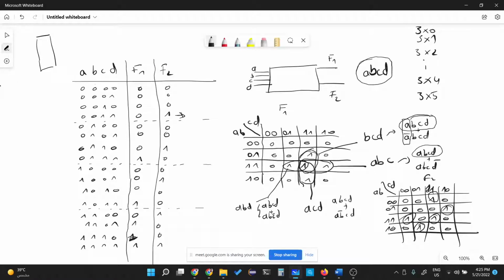So here for the decoder, maybe we have 4 inputs. If we have 4 inputs, we'll have 16 outputs. Let's clear this table.